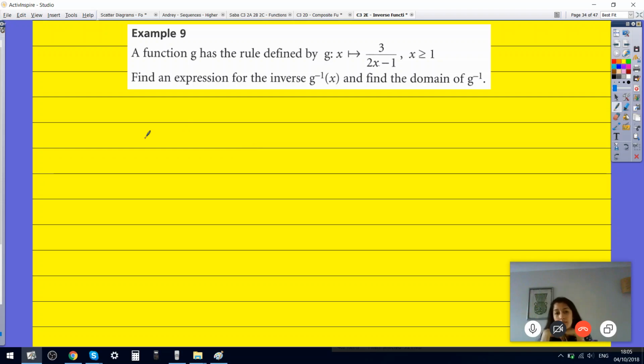Okay. Let's try this one. Okay, so y equals 3 over 2x minus 1. x equals 3 over 2y minus 1.